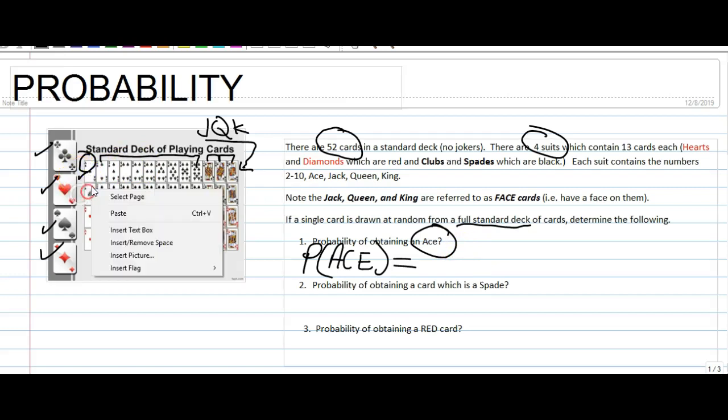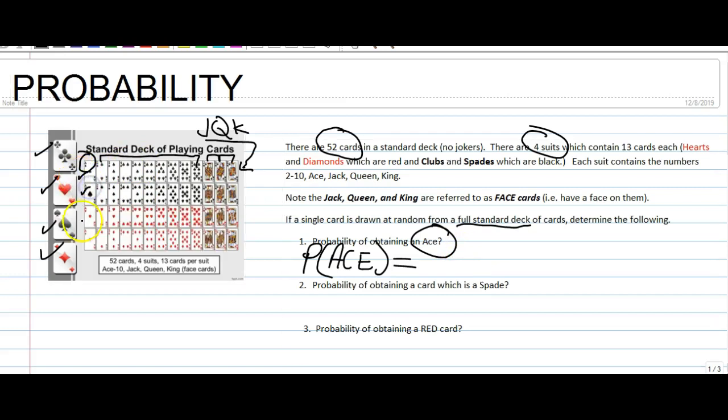If we obtain the ace of spades, we are successful. If we get ace of hearts or ace of diamonds, then what we want to happen has happened. So I have 4 chances for success out of the total number of outcomes. There are 52 cards. Now remember, there are 4 suits and 52 cards, so 52 divided by 4 is 13. So there are 13 cards in each suit.